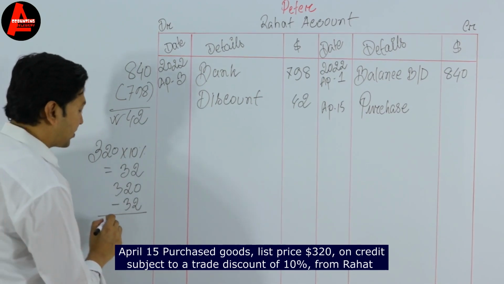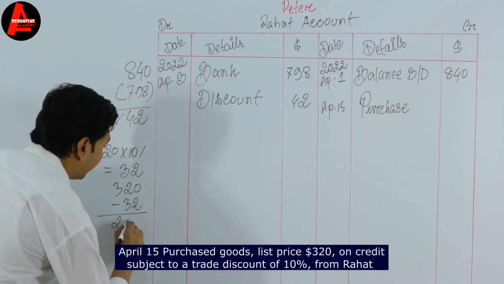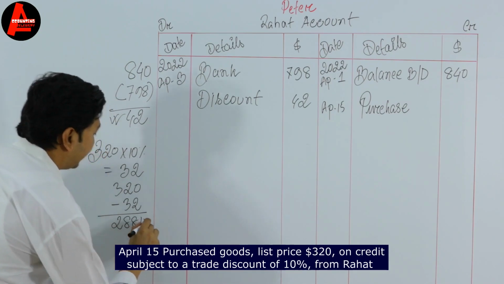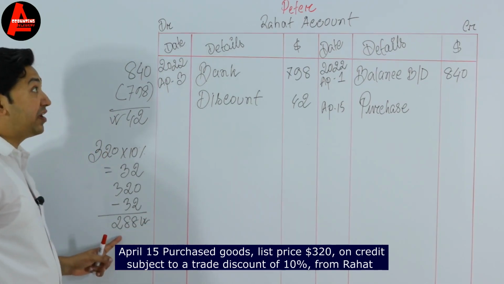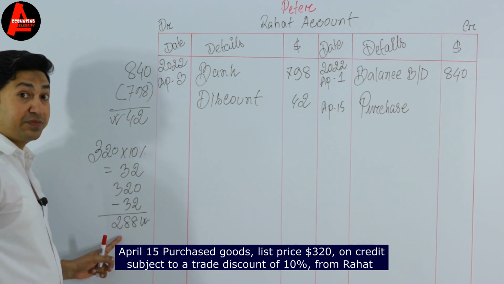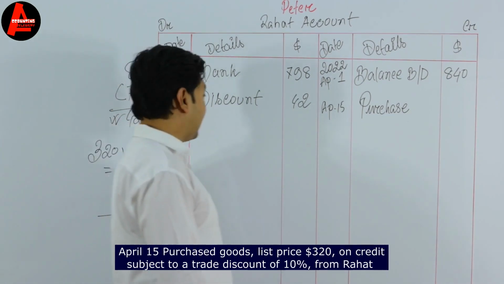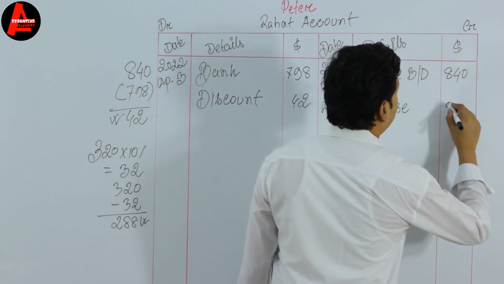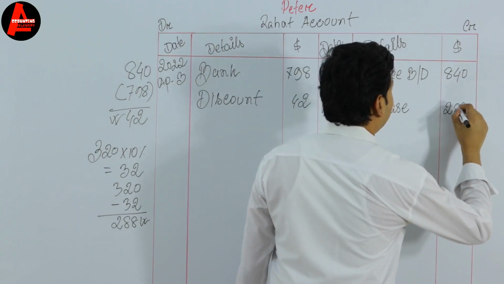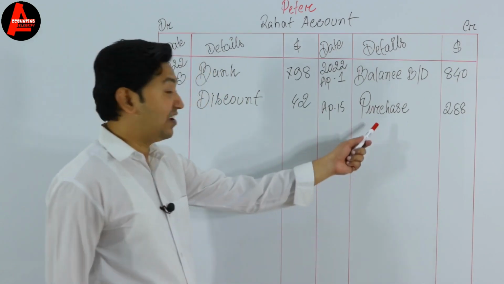If we subtract, we get 288. This is the net amount for this purchase of goods. So here we will write $288.